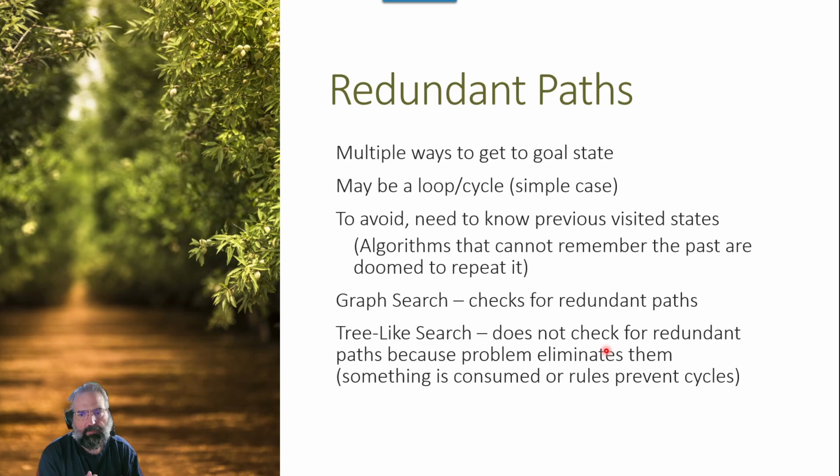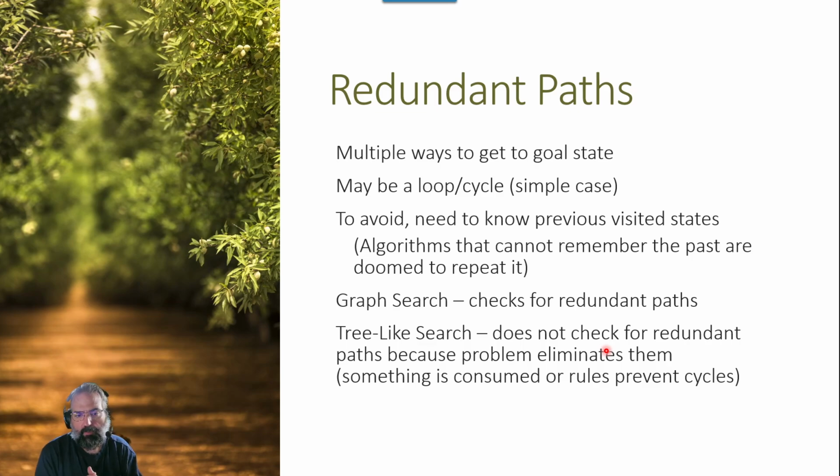There may be redundant paths whenever we're dealing with searches. So there are multiple ways to get from one to the goal state, and they may even have the same value. There may also be cycles, a single loop or cycle. There may be longer loops or cycles where there are intermediate nodes in the mix, so intermediate state transitions.